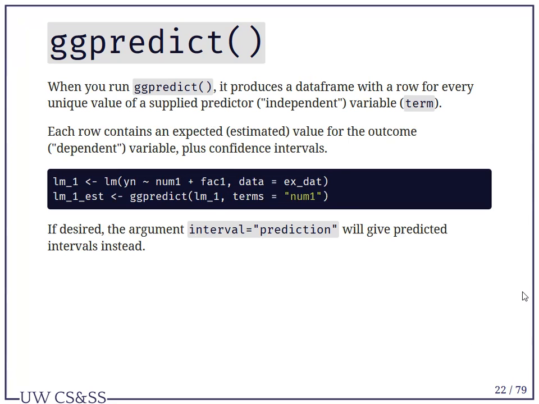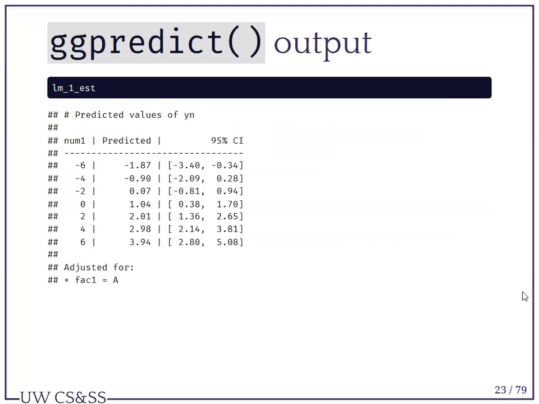If desired, the argument interval equals prediction will give predicted intervals instead. And it will look something like this. So it's saying across all of our values from our numeric 1 covariate, these are our predictions for what the y outcome will be for everything in the factor group A.